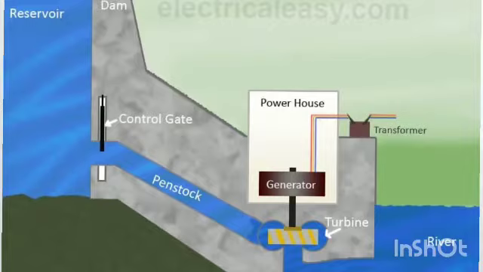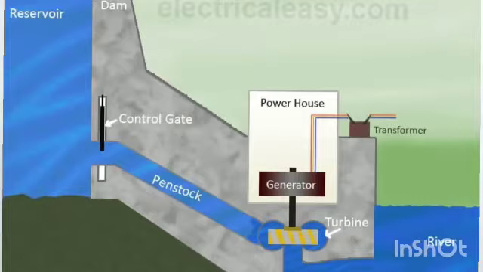Now look at this picture, children. You can see that the water stored in the dams reaches the turbine through the penstock pipes, and the flowing water has some power. This power makes the turbine rotate.